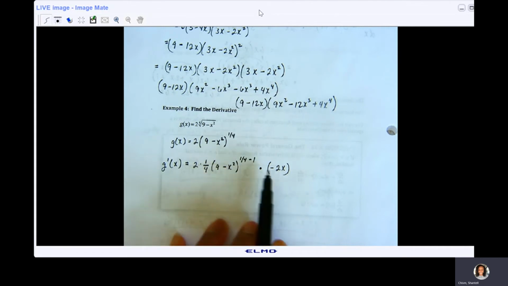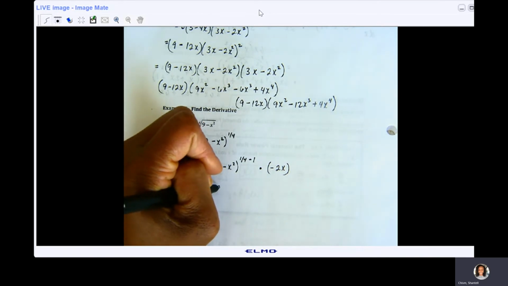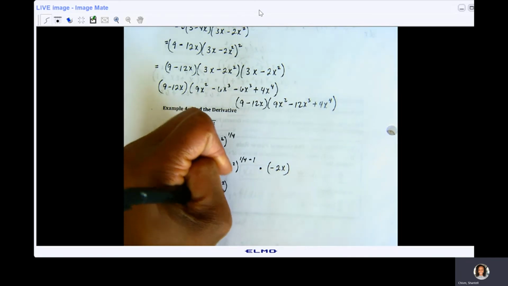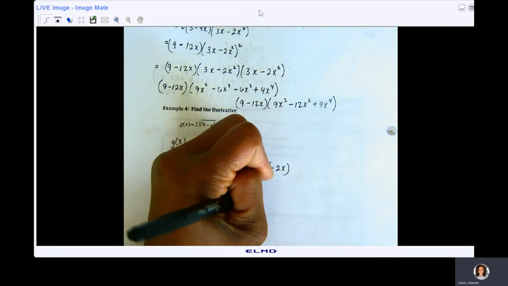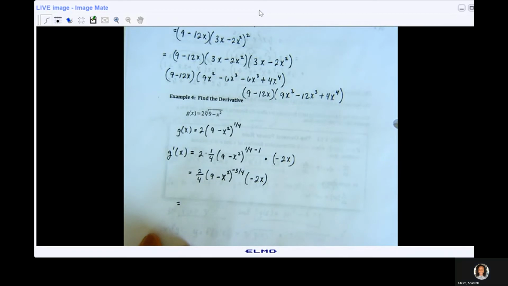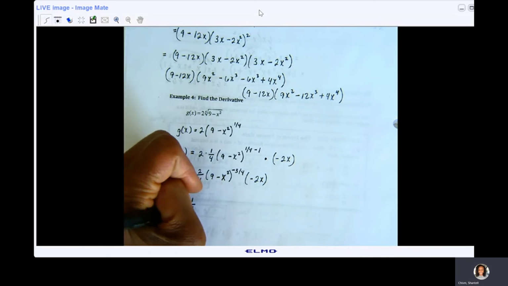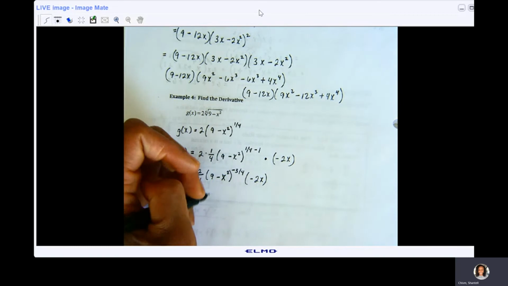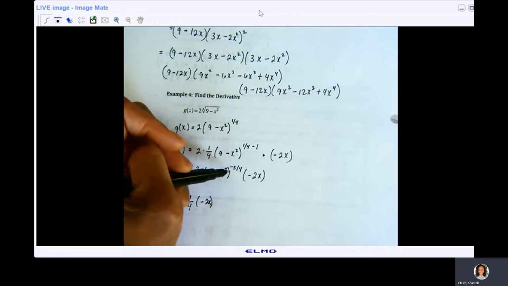So it's the derivative of the exterior, or the outer function, times the derivative of the inside function. So this ends up being 2/4, which will reduce, times 9 minus x squared raised to the negative 3/4, so that's 1/4 minus 1, times negative 2x. Okay? So I've got 2 over 4, and then I'm going to bring that negative 2x here. And then I've got this.